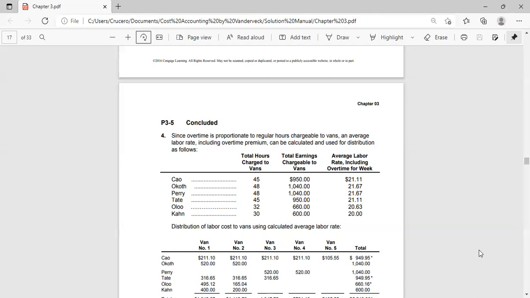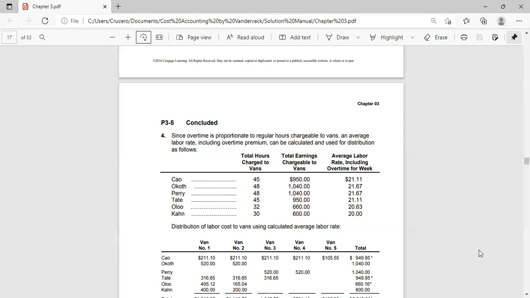And next, Tate worked a total of 45 hours distributed to vans number 1, 2, and 3. And the last worker will be working on the remaining 2 vans. Okay, so we now again multiply the number of hours by the basic rate.